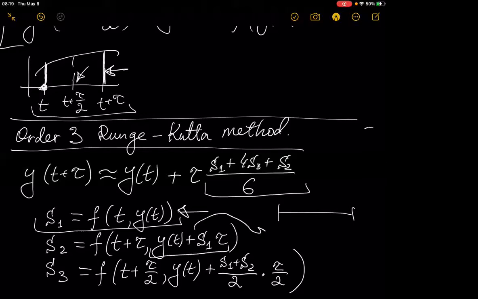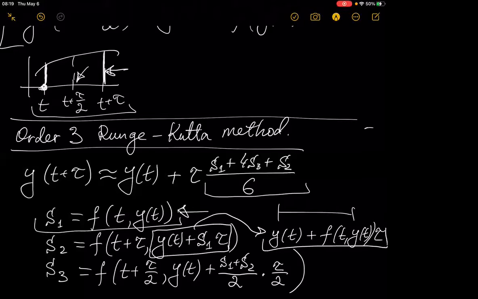Then what you do, have a look, what is that? Could you tell me what is this thing? So it's nothing else but exactly, could you tell me what method I used here to evaluate the value of my function on the end point of my small interval from t to t plus tau?